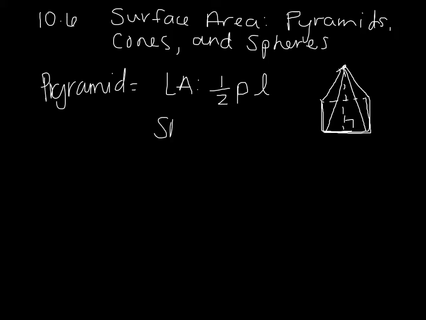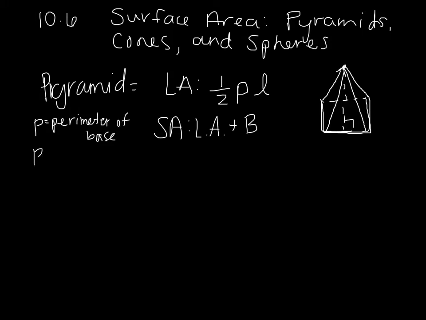Then our surface area formula is going to be lateral area plus the area of the base. So P equals perimeter of base.